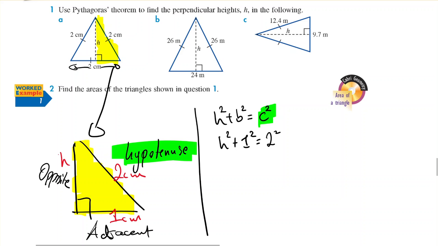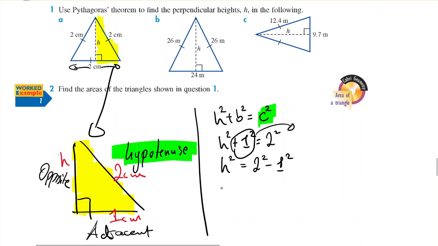Okay, now I just need to rearrange this formula such that I can make h the subject. So, if I move this 1 squared over to that side, it'll become a subtraction. I've got h squared equals 2 squared minus 1 squared. It's the same as you learned in year 8, where you subtract 1 squared from both sides.